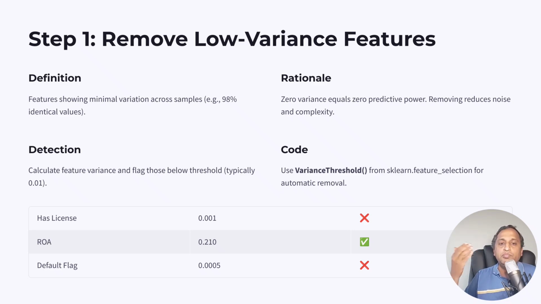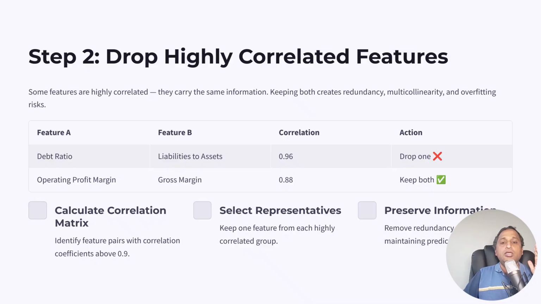They are just increasing the model complexity or maybe the computational cost. So it's better to drop them instead of keeping them. This step helps clean up our data and makes your model more efficient. So by the end of step 1, we have removed all the low variance features.